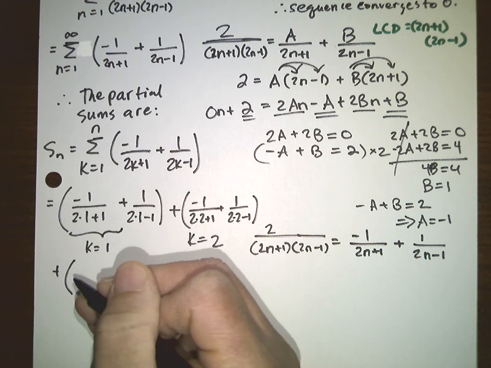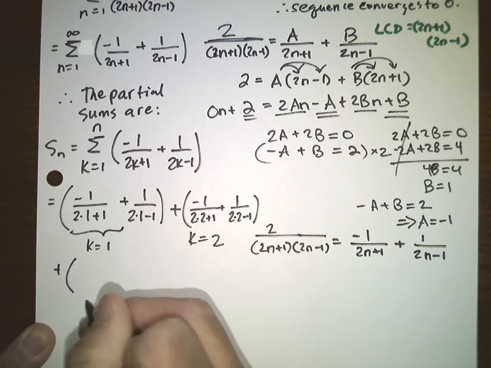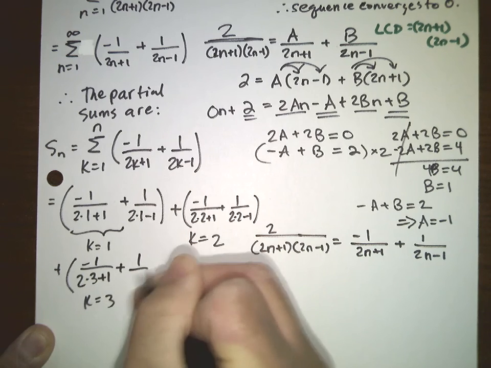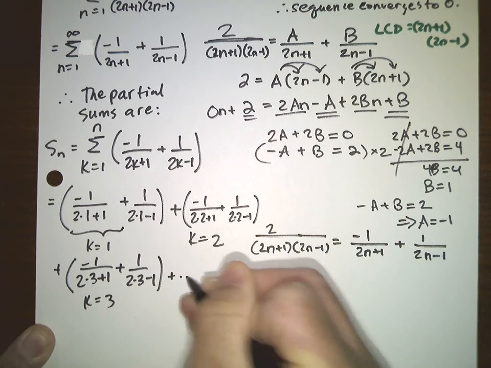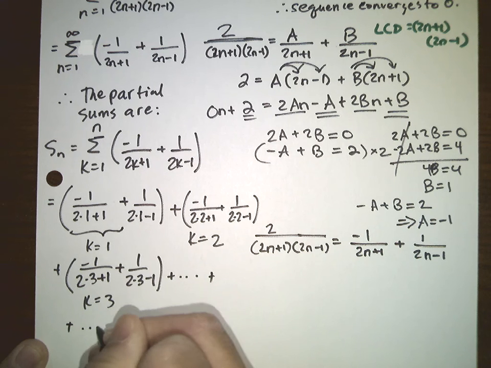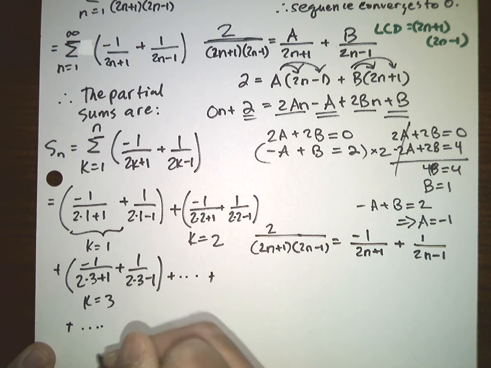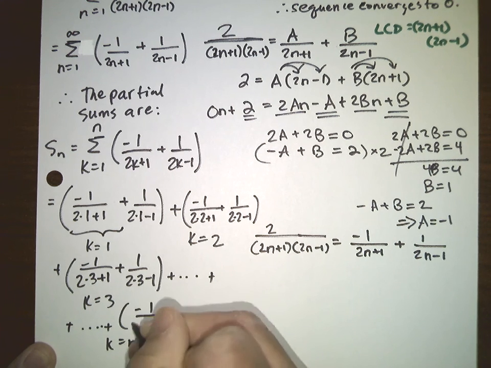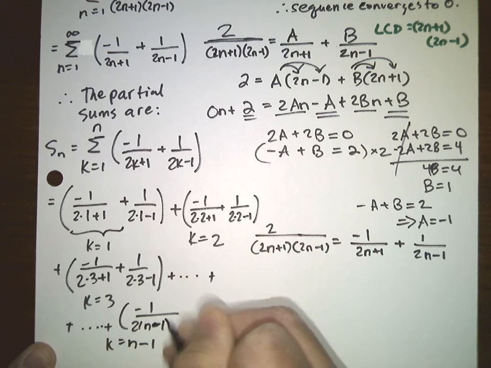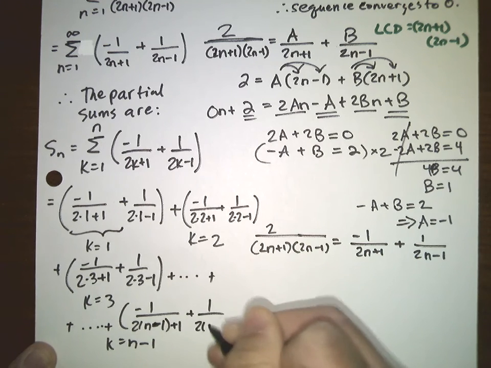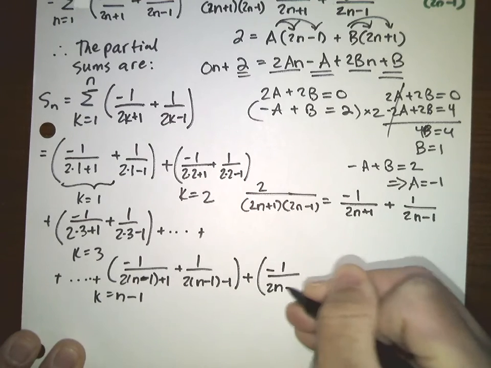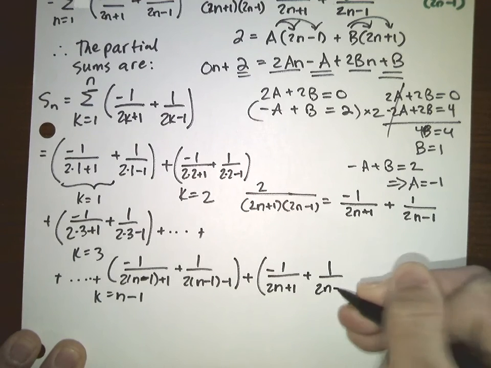One more term, k is 3: negative 1 over 2 times 3 plus 1 plus 1 over 2 times 3 minus 1. And then all the way to the end, when k is equal to n minus 1, I get negative 1 over 2 times n minus 1 plus 1 plus 1 over 2 times n minus 1 minus 1, and then plus the nth term, negative 1 over 2n plus 1 plus 1 over 2n minus 1.